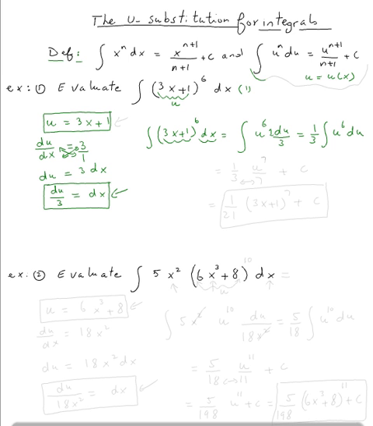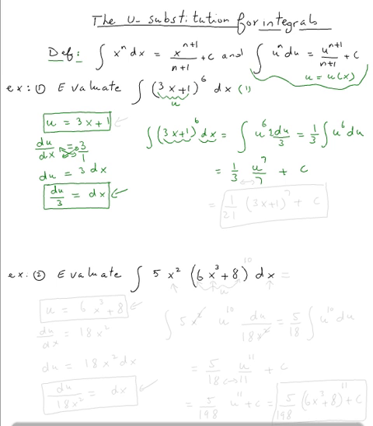Now we can use this property. So this is going to be 1 over 3. We know that the integral of u to the 6 du is equal to u to the 6 plus 1, 7, over 7, plus some constant. We're almost done.